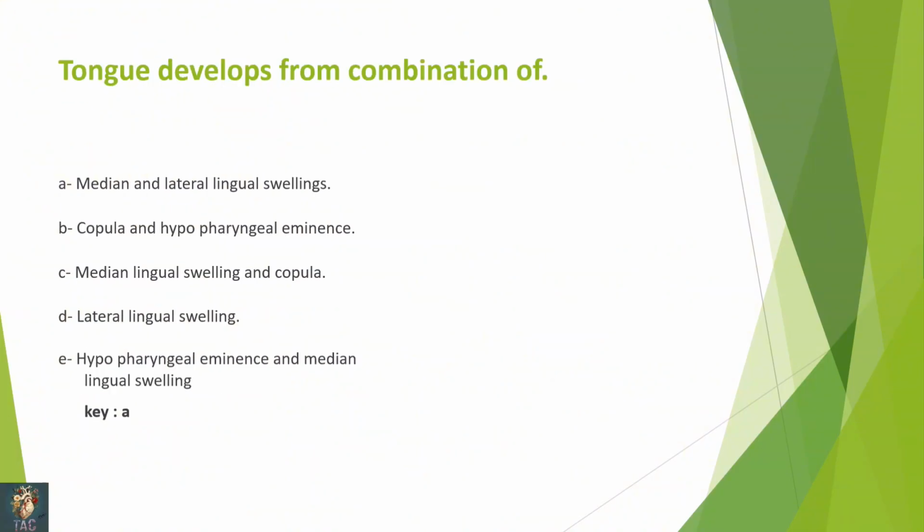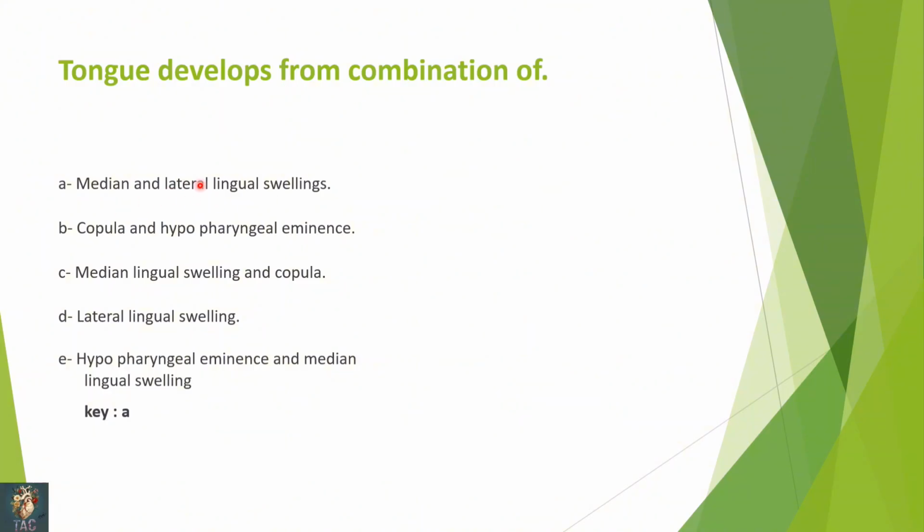The tongue develops from a combination of median and lateral lingual swelling, the copula and hypoglossal swelling, the median lingual swelling and copula, the lateral lingual swelling, the hypopharyngeal eminence and median lingual. So please remember the median and the two lateral lingual swellings form the anterior two-thirds of the tongue.